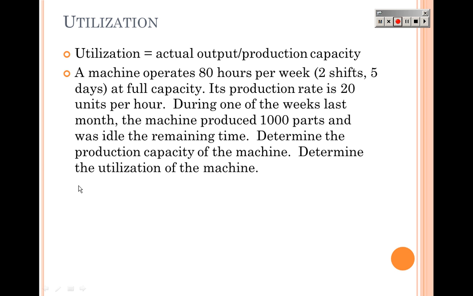And that is 0.625, or 62.5%. So that's the utilization of that machine. It was only being used about 62% of the time.